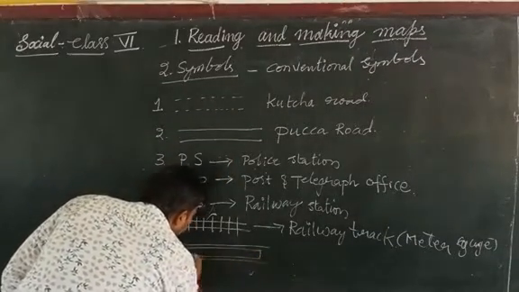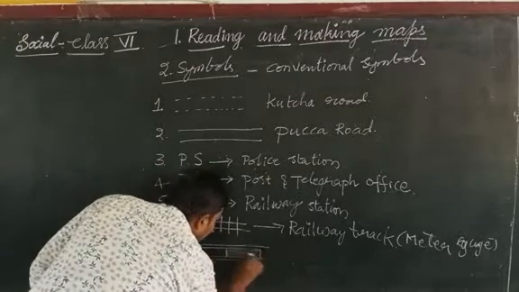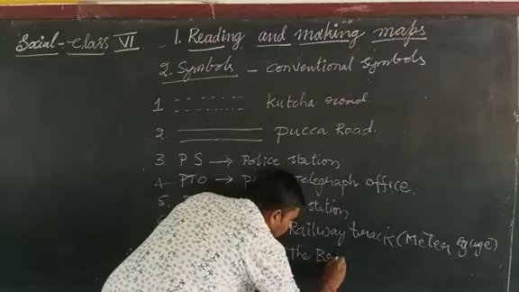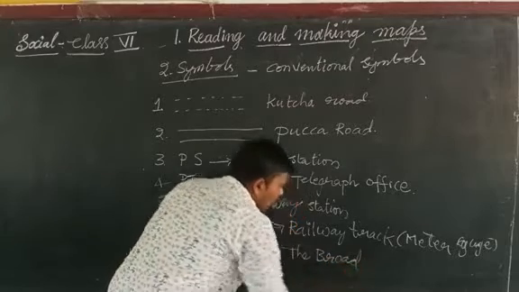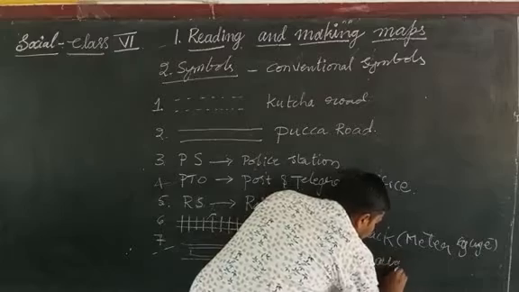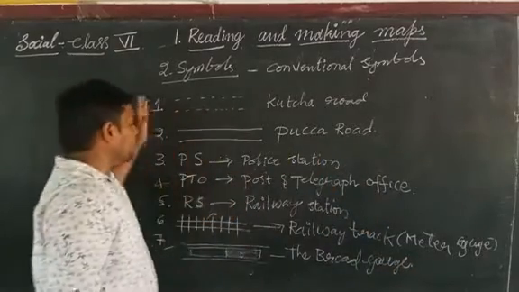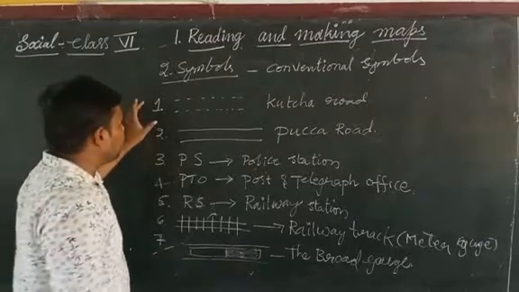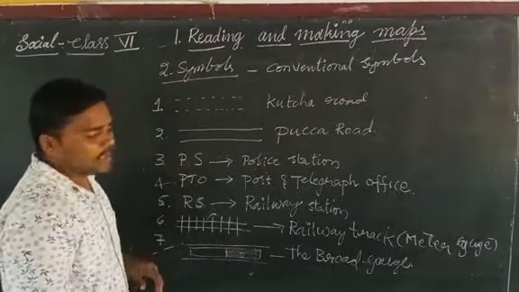And this is the broad gauge. There are two types of railway tracks: the first one is the meter gauge and the second one is the broad gauge. These are the symbols to represent different types of locations in the map.